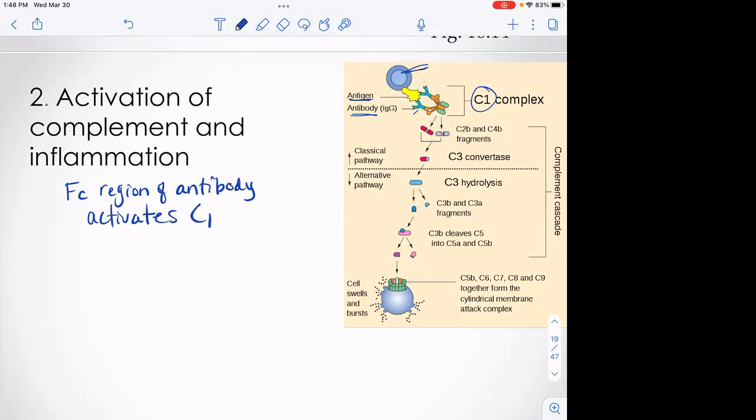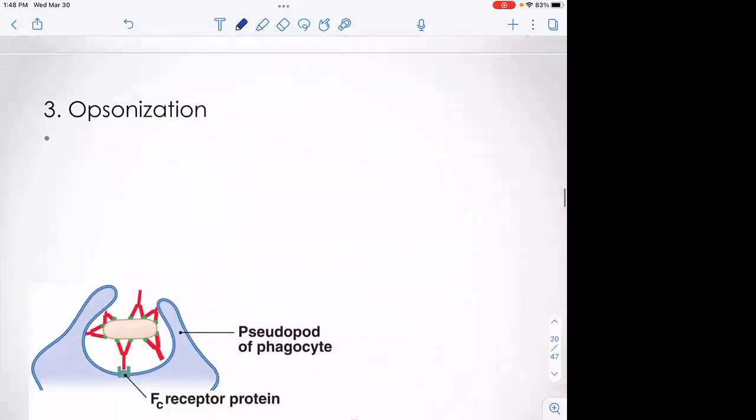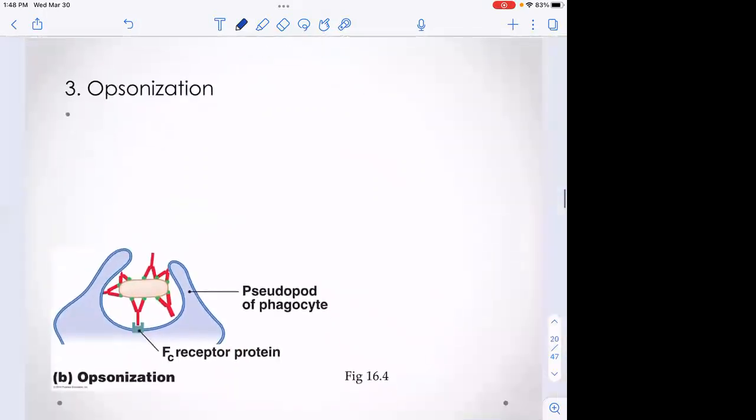Of course, then we get things like increased inflammation, increased chemotaxis of cells, opsonization by complement, as well as membrane attack complexes. So opsonization, hopefully you recognize that term. That just means that antibodies can bring about increased phagocytosis.